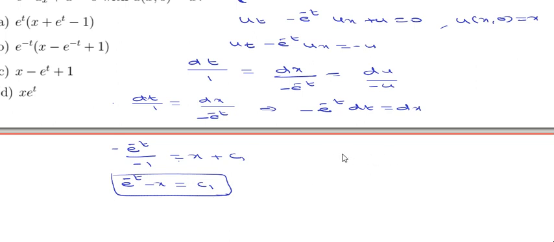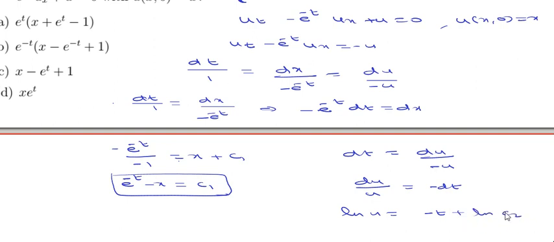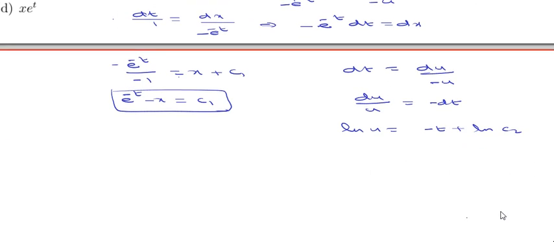And taking first and last, that is dt equal to du by minus u. So this is du by u equal to minus dt. So when you integrate, log u equal to minus t plus log c2. So therefore u equal to c2 e power minus t.